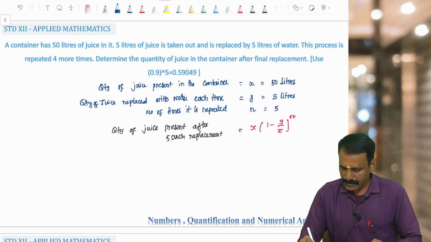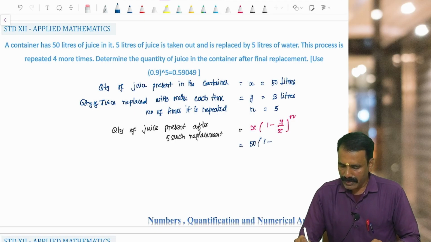We substitute now. X is going to be 50, y value is going to be 5, and x value is again going to be 50, and n is going to be 5.